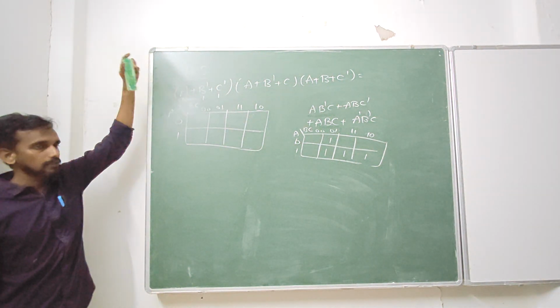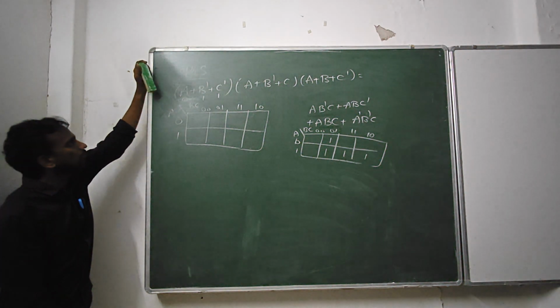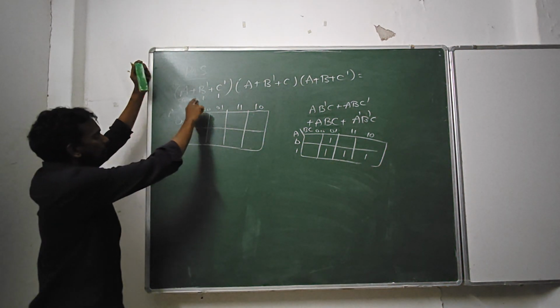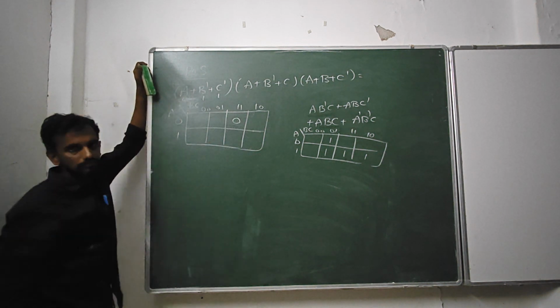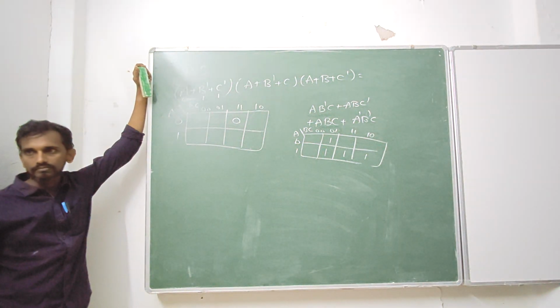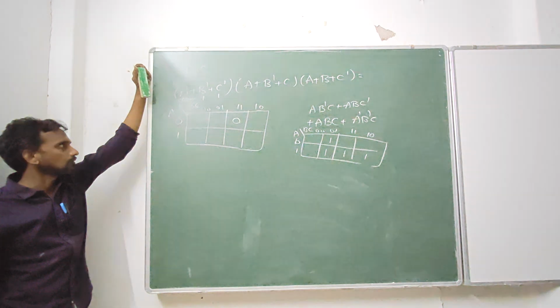Then this term will become 0. So we have to place a 0 where this combination 0, 1, 1 is.